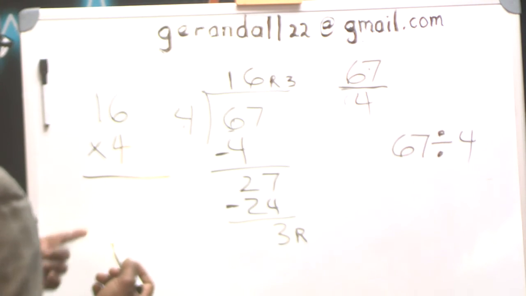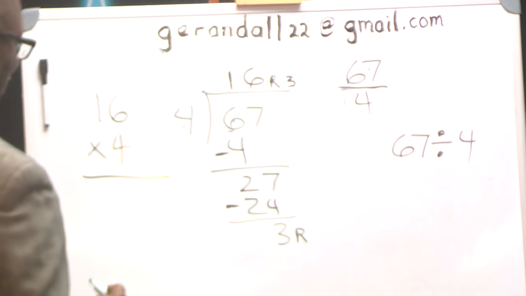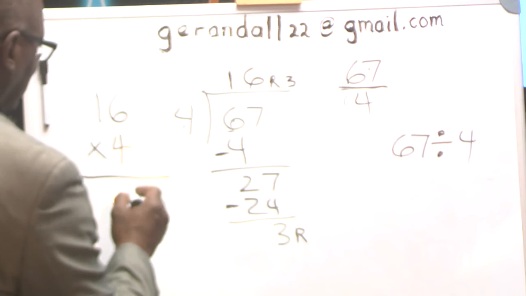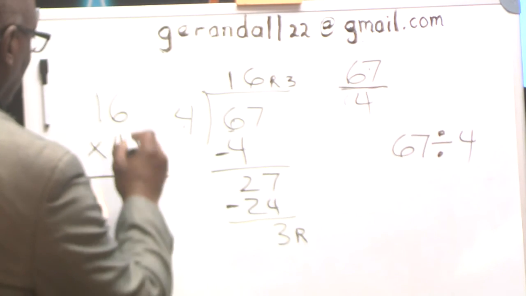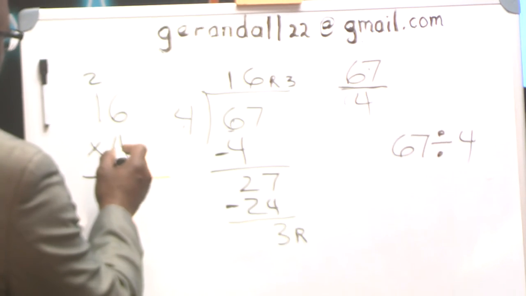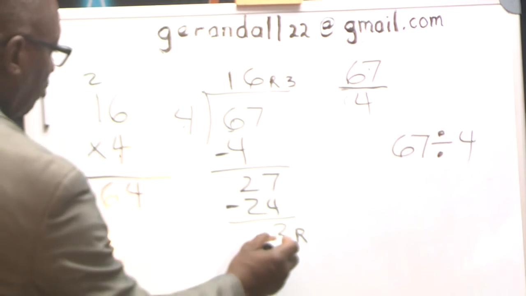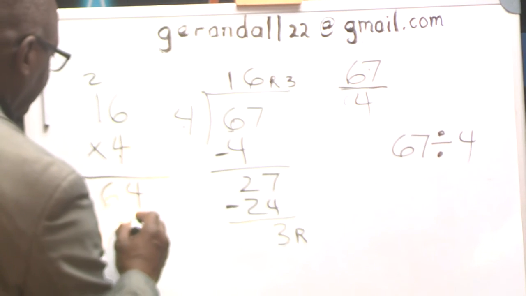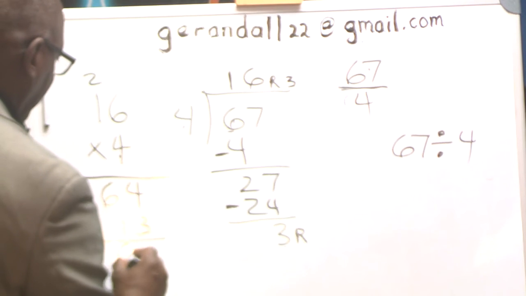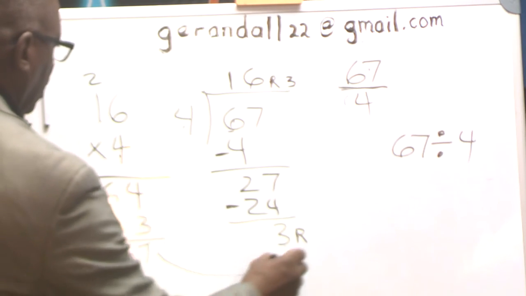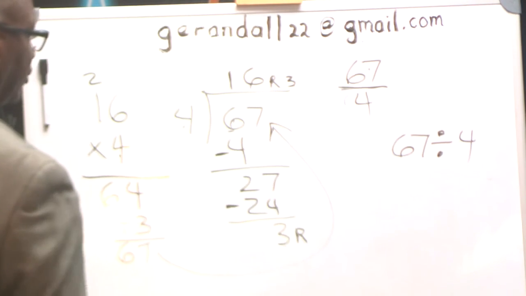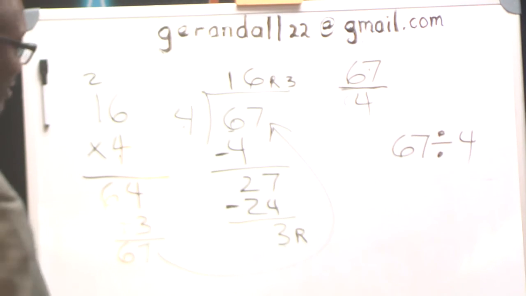Now we're back to that relative multiplication. 4 times 6, 24. 4 times 1 is 4, plus 2 is 6, so 64, plus our remainder, 67. Wonderful. You've handed in another correct answer.